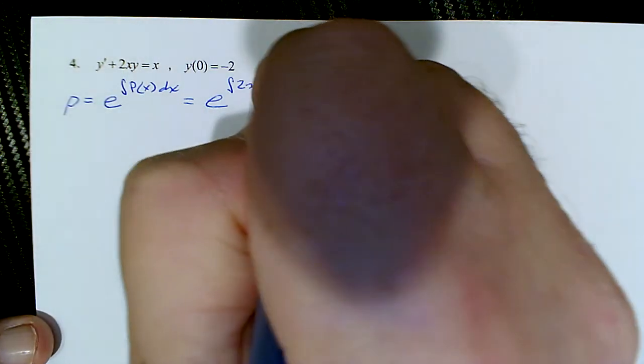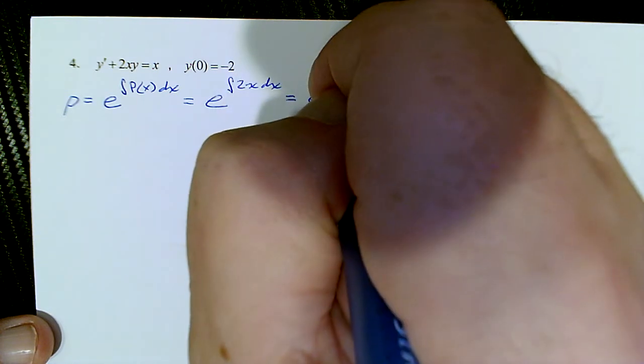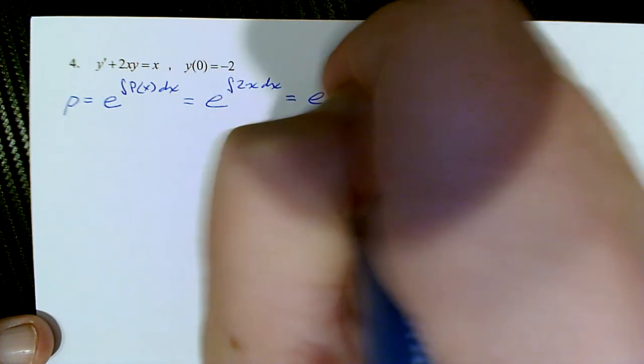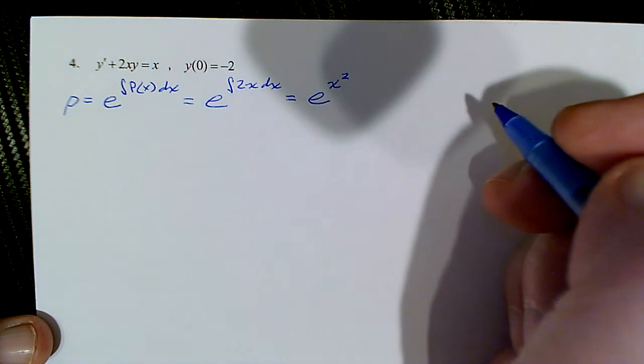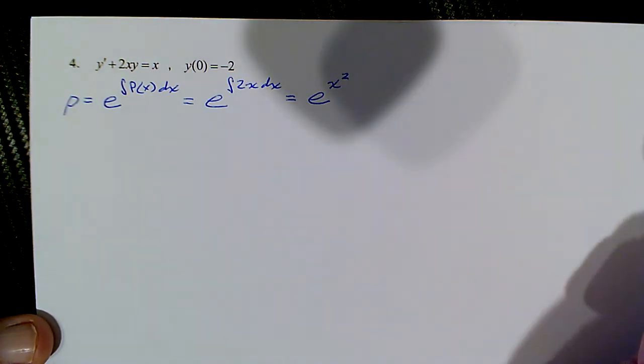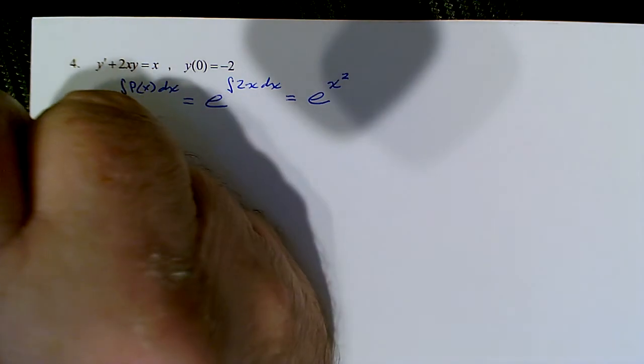So in this case p of x is 2x, the coefficient of the y. So that'd be e to the integral of 2x, we get x squared over 2 times 2, or just x squared. And so it looks like that's our integrating factor. And so we multiply.